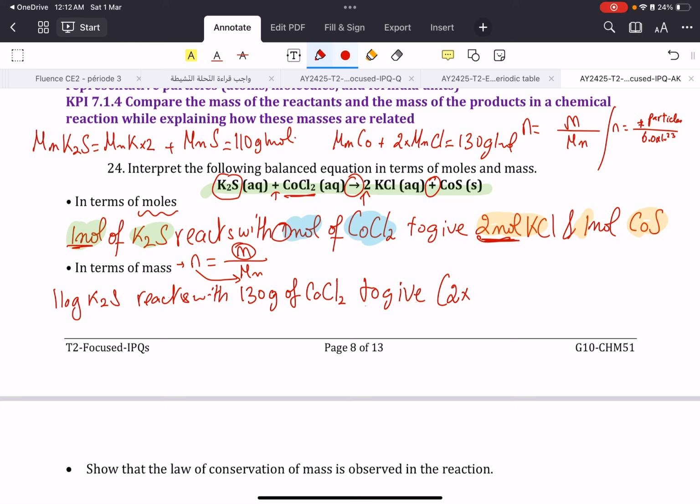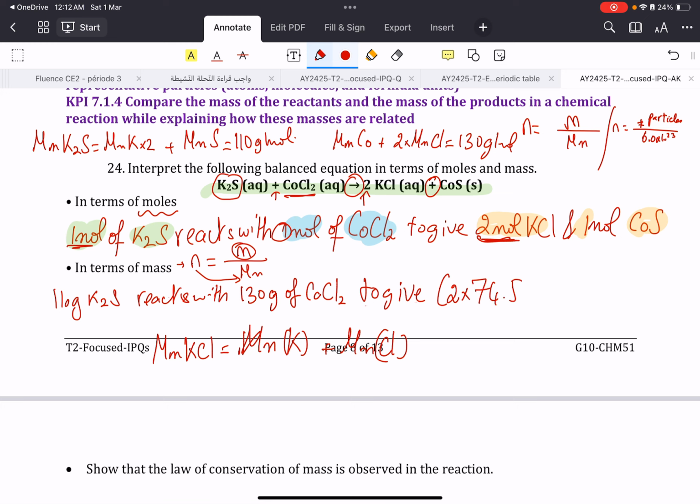And the molar mass of KCl is the molar mass of K plus the molar mass of Cl, and the mass of KCl is 74.5 grams.